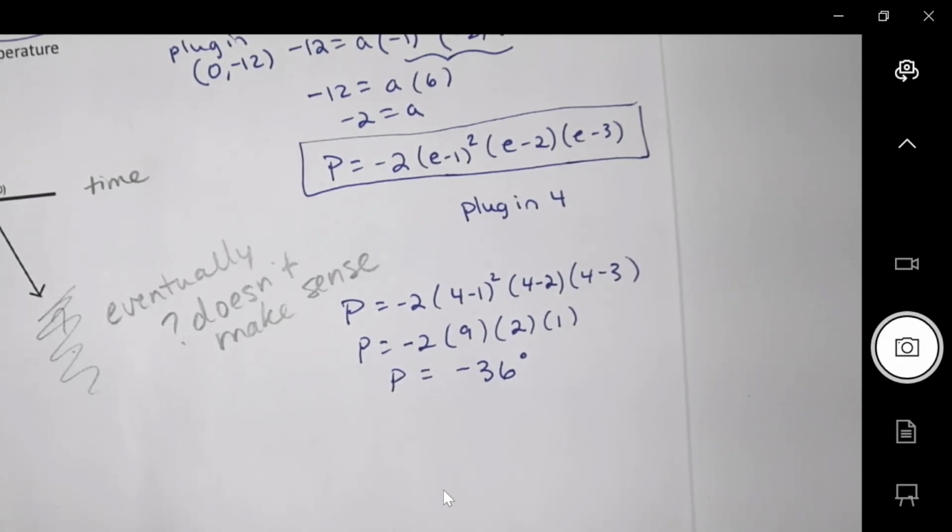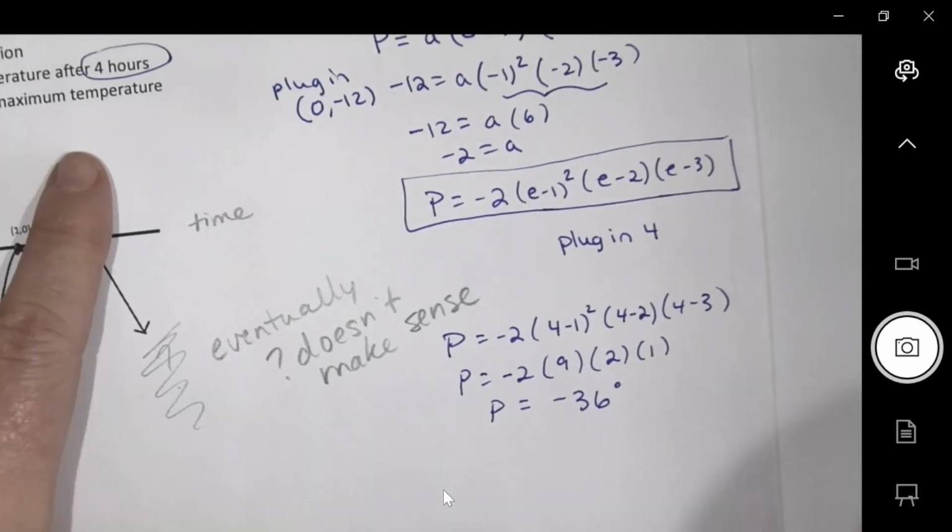I got negative 36 degrees. Okay, good? Just plugging in.